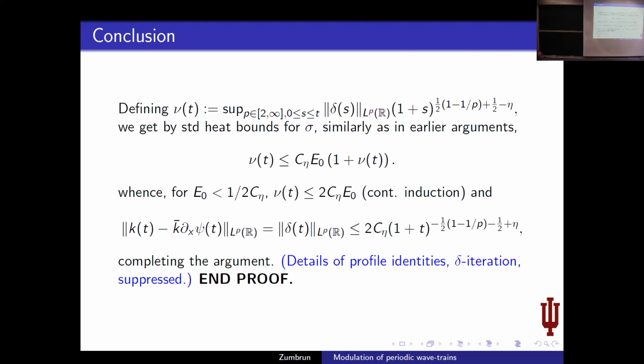There was an R tilde, but it's smaller, it's t to the minus 1. This goes between t to the minus 1 at L infinity, down to t to the minus 3/4 at L2 when p equals 2. And so it gives us, in the end, what we expect.